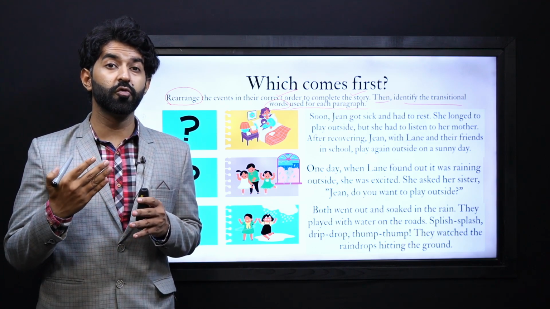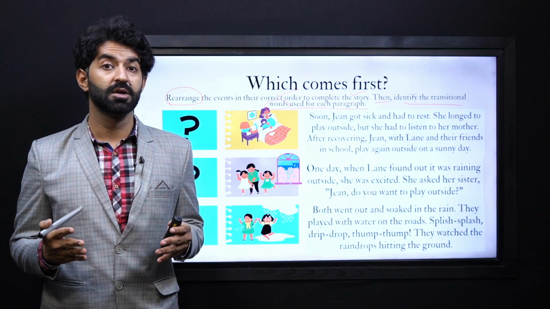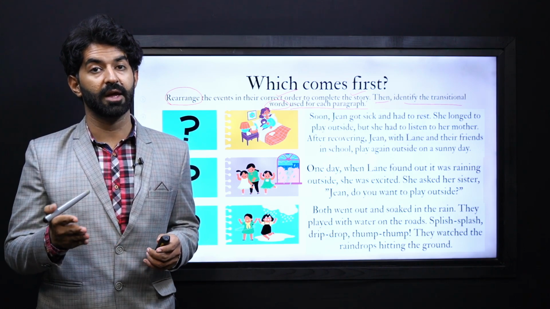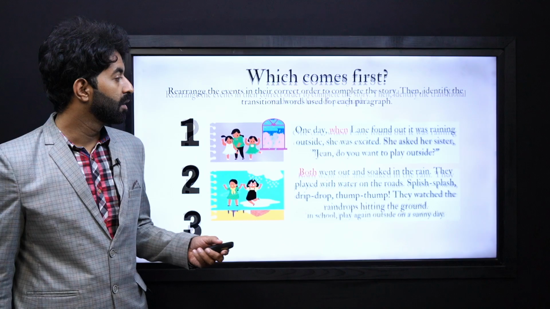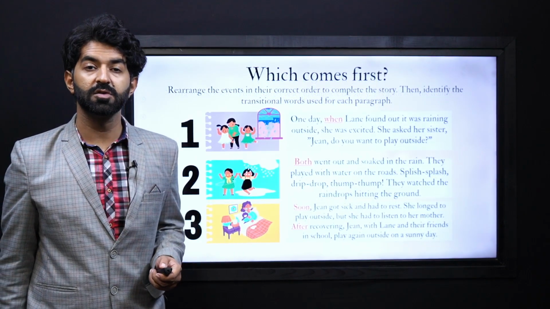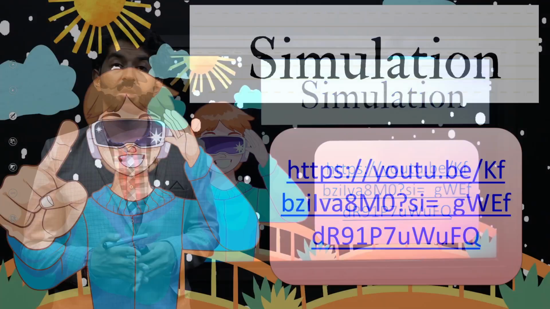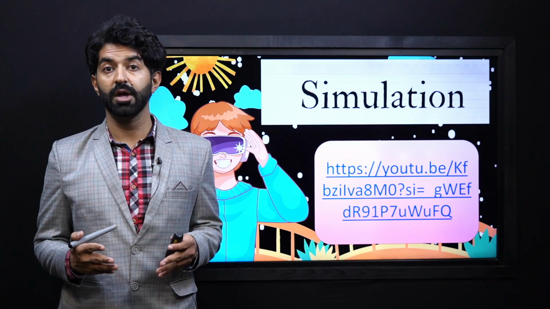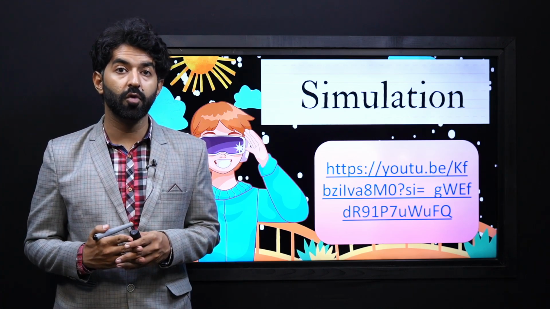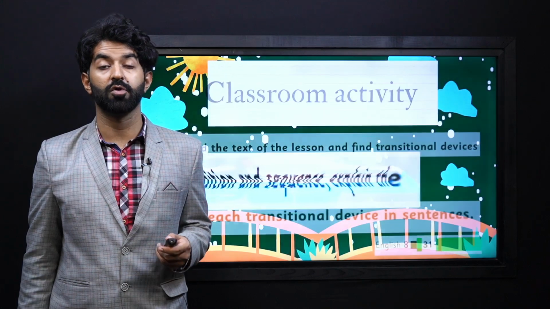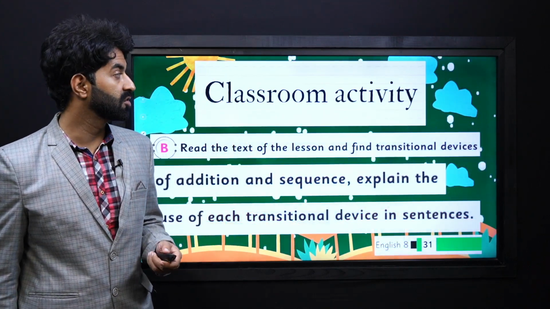What transitional word is telling us which sentence should be on the top and which will come after that? Now, here are your answers. You can pause the video and look at them. For your simulation, we added a link in the description and also in the PowerPoint presentation so that you can watch it later to learn more about transitional devices and transitional words.